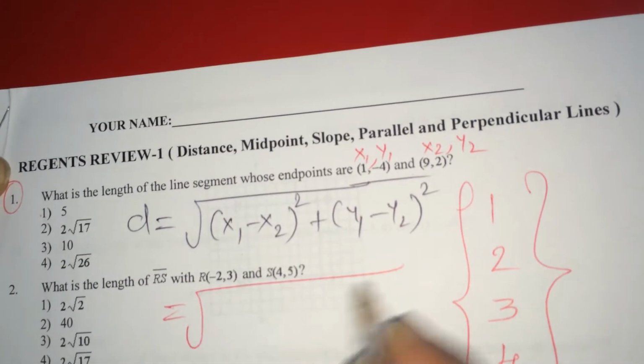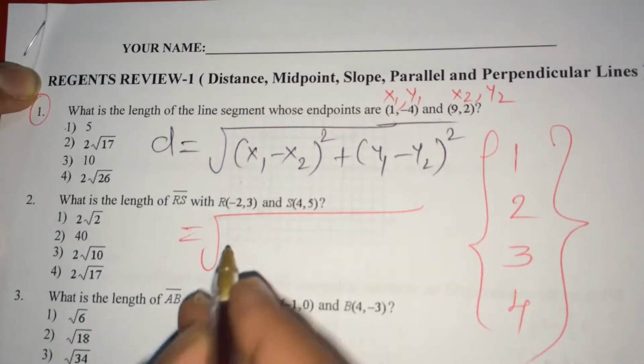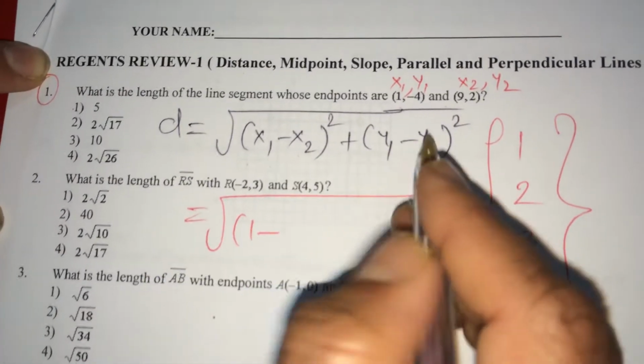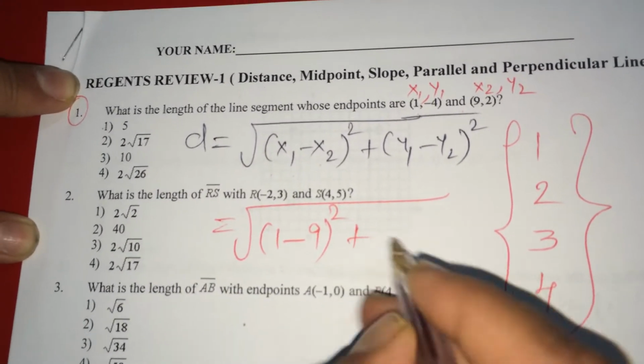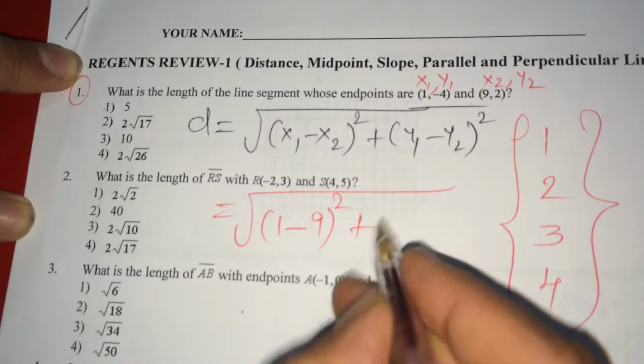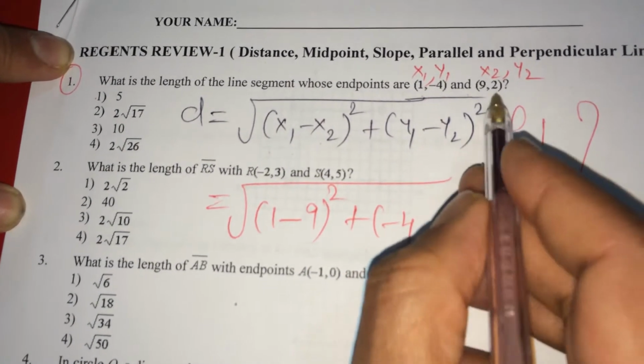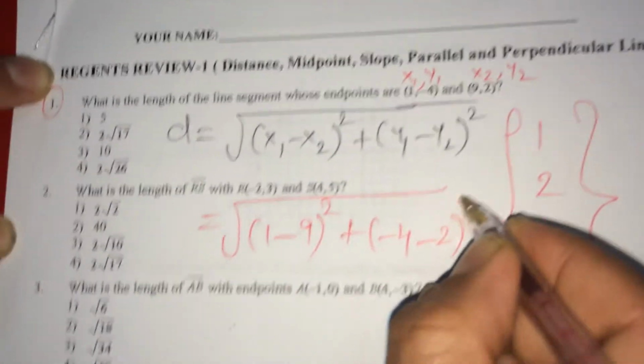So for x1 it is 1 minus x2 is 9, whole square, and y1 is -4 minus 2, squared.